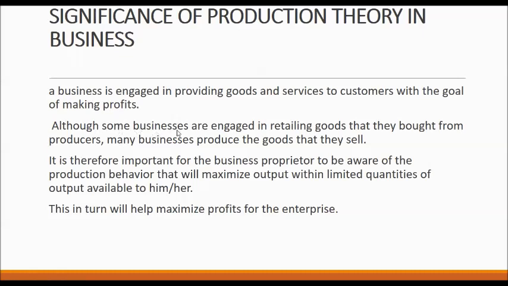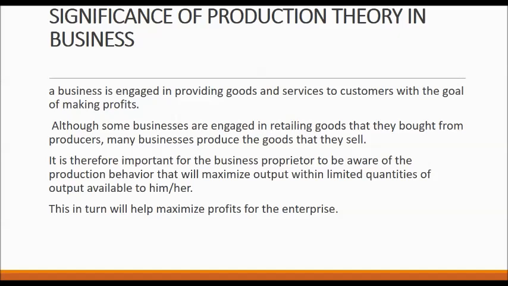Although some businesses are engaged in retailing goods, because from the producers or factory or manufacturing company, they distribute it to the distributor, wherein the distributor distributes it to the wholesaling firm, and the wholesaling firm is selling it to the retailers.